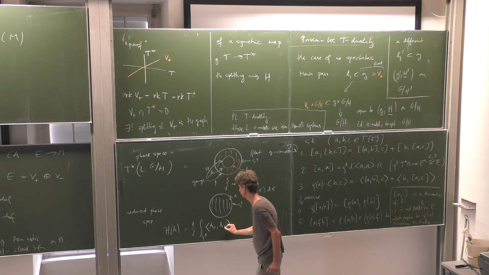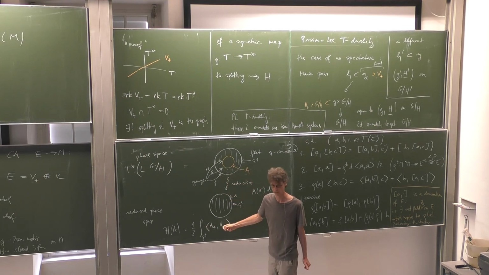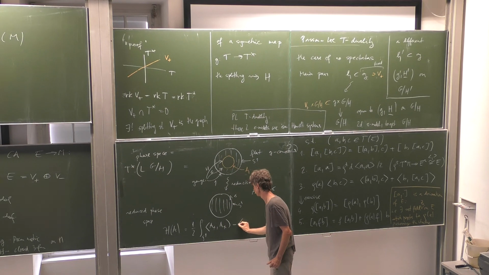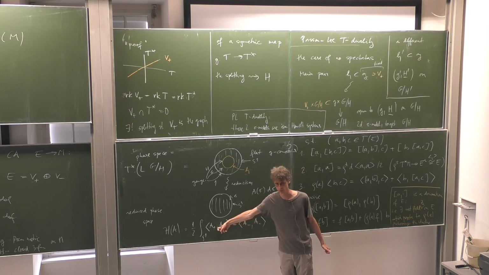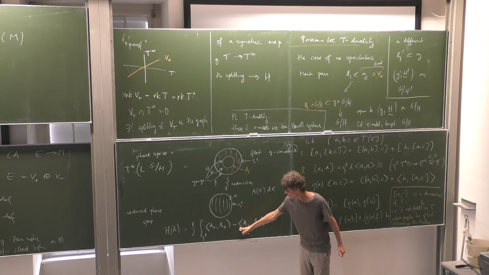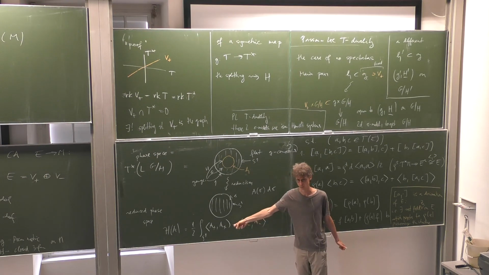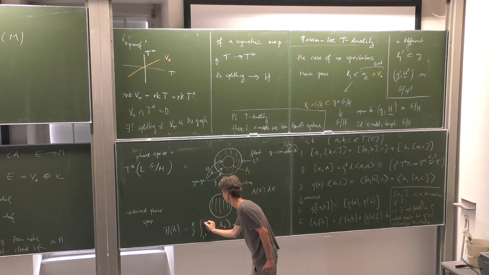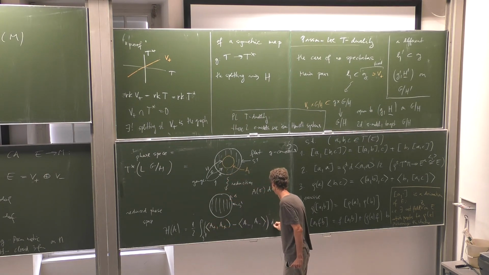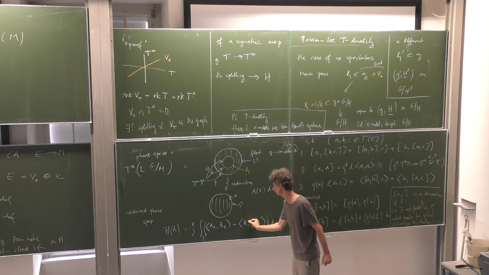It is the part that has values in V plus, and then minus the part which has values in V minus. So this difference is now positive definite, because the pairing is negative definite on V minus, so this minus corrects it to make it positive definite, and times d sigma. So these are functions of sigma.